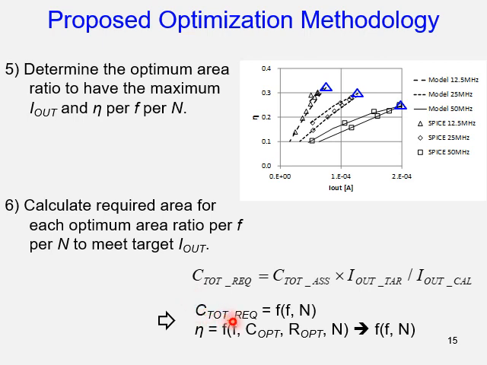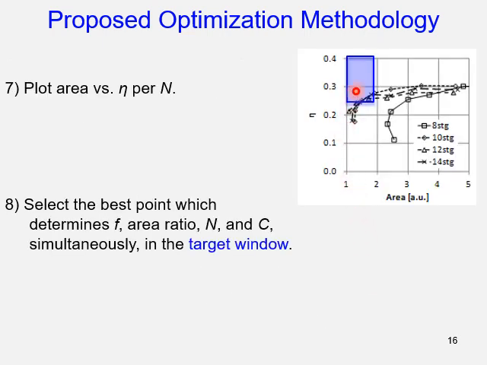Now you get the total capacitor size, I mean the total area, as a function of the frequency and number of stages N. You also have eta as a function of frequency and N. Then finally, you should plot eta versus area, and your goal is in the top left portion, and you select some of them and check the simulation to see if your design is okay. That's it. Thank you.